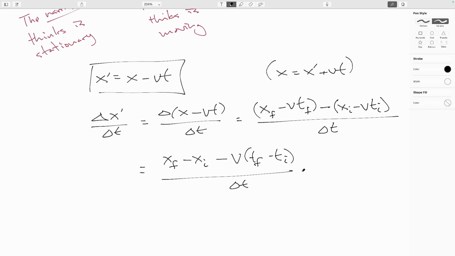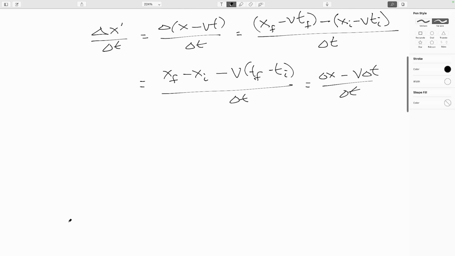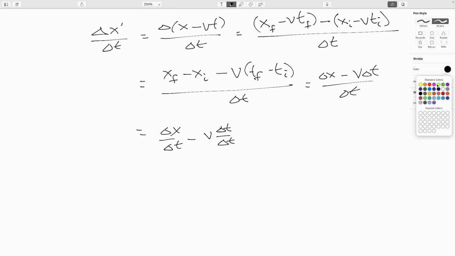Well, x final minus x initial is delta x, and this will be minus, well, t final minus t initial is delta t, over delta t. So if I distribute out the division, I will have delta x over delta t minus v times delta t over delta t. The delta t's cancel there, and this is the velocity that s measured.